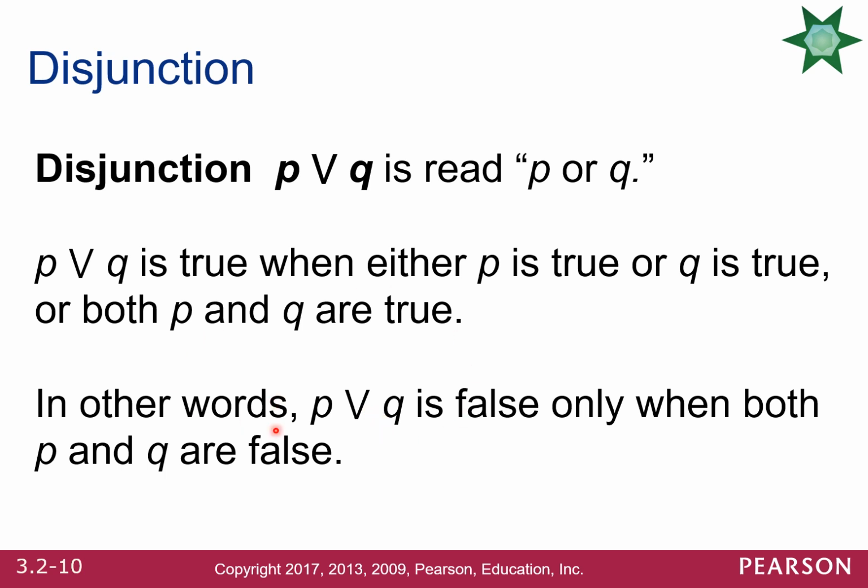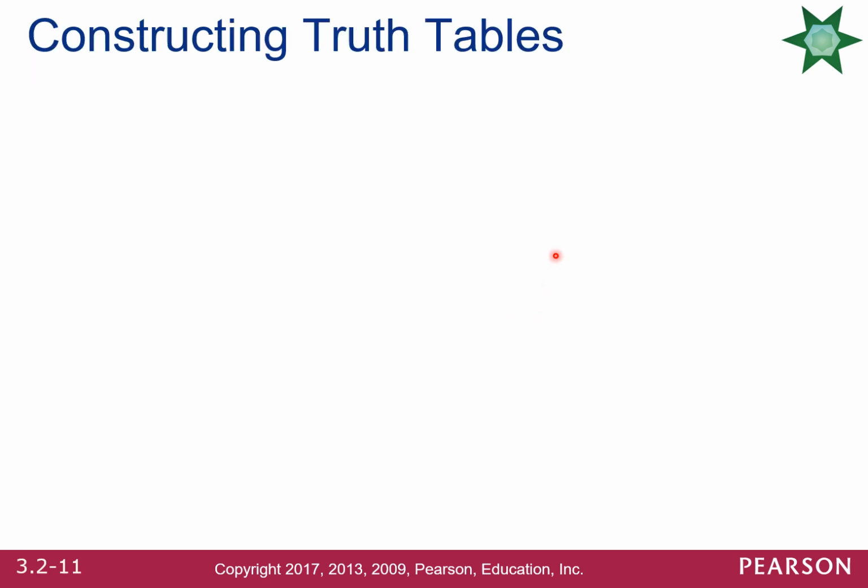So in other words, P or Q, represented by the V symbol, would be false only when both P and Q are false. So now we learn how to go about constructing truth tables that involve negation, conjunction, disjunction, and later on we'll extend that to include conditional and biconditional statements.